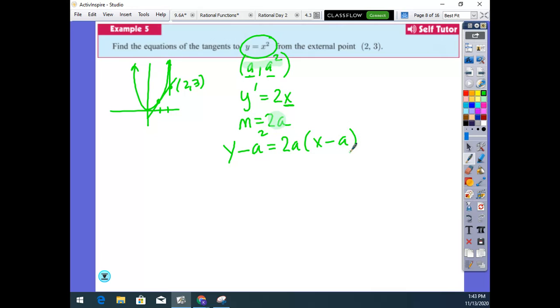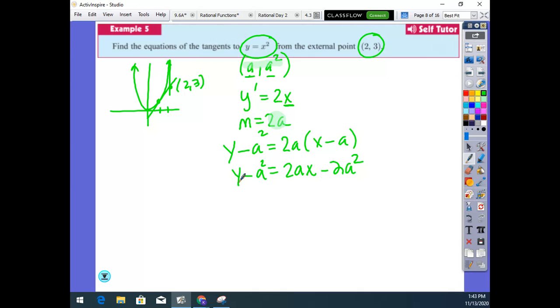Now I'm going to solve for y, keeping in mind this particular point goes into my equation, so I can actually plug in the point 2, 3.